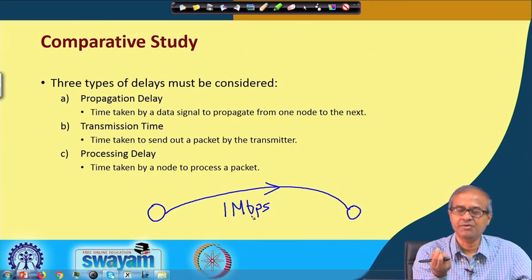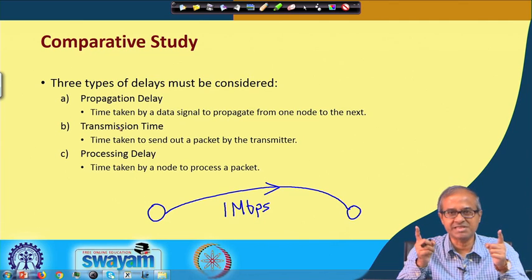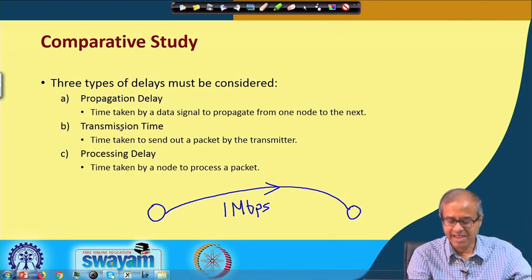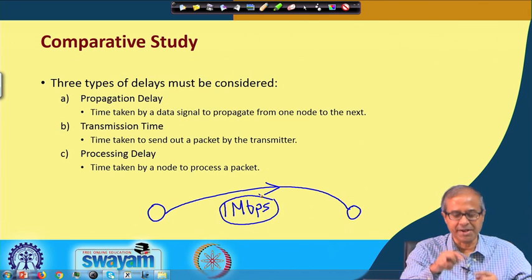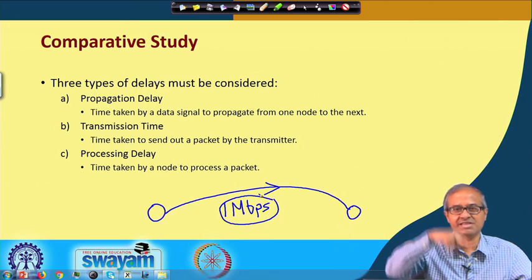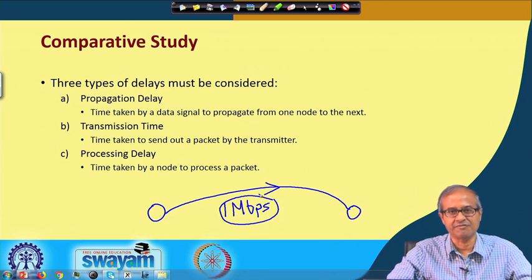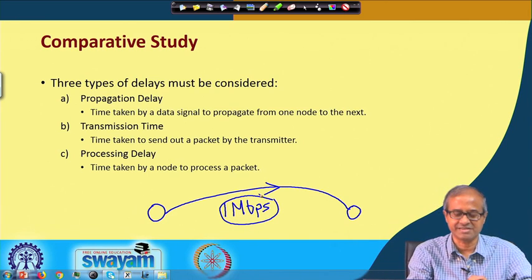Here every bit will take 1 microsecond, 1 by mega. So, 1000 bits will take 1 millisecond. That is the transmission time. It depends on the size of the message, how many bits are there, and the bandwidth of the link. It does not depend on the propagation delay, whether it is a satellite link or a copper link, whatever. So, these two are two separate things.